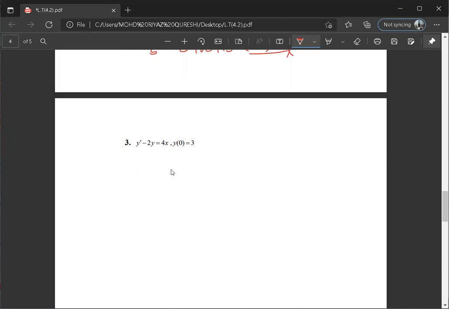So you should remember that formula. Simply taking Laplace transform on both sides. L of y prime minus 2, which is a constant, we are pulling out using the linear property of Laplace transform. L of y. 4, once again linear property, pulling out, L of x.